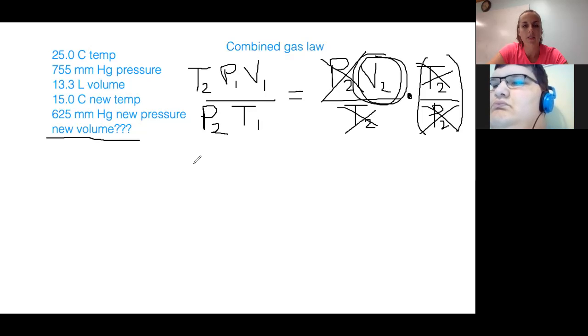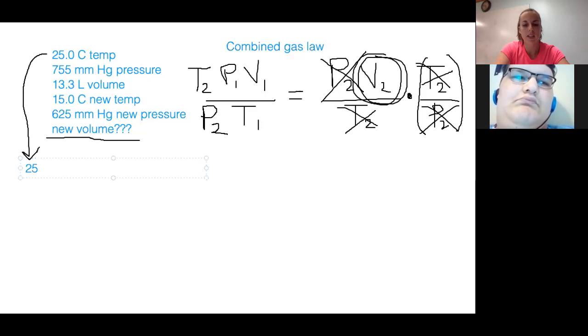Now I just need to plug everything in. So first, let's get everything into the right units. Everything looks good here except for the temperatures, so let's go ahead and convert our temperatures. This is temperature 1. I'll convert that down here. So 25 degrees Celsius plus 273.15.